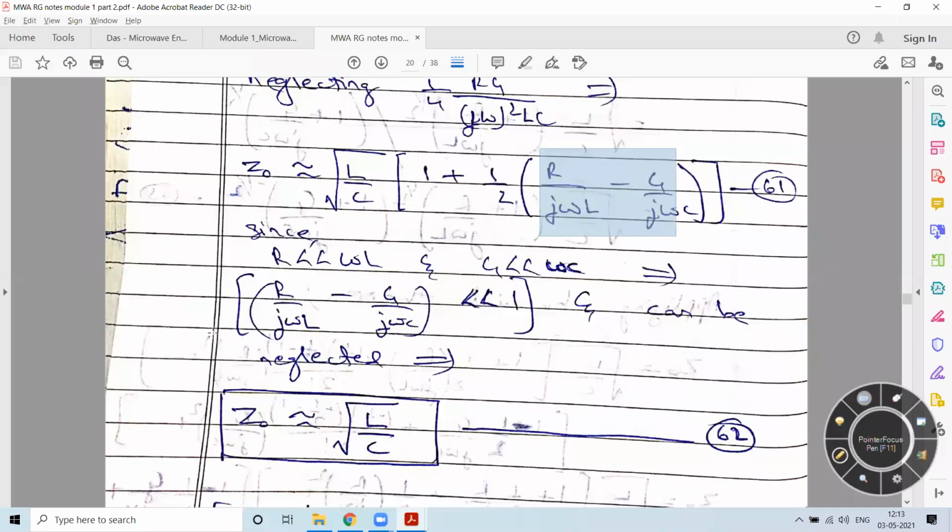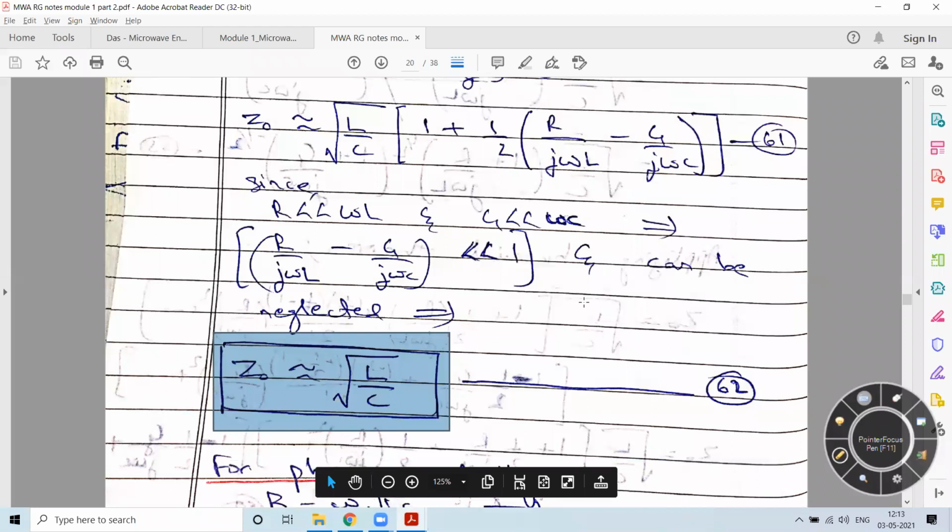So when we neglect it, we end up with Z naught nearly equivalent to square root of L by C. This is what we are getting as the final result when we apply the binomial expansion.